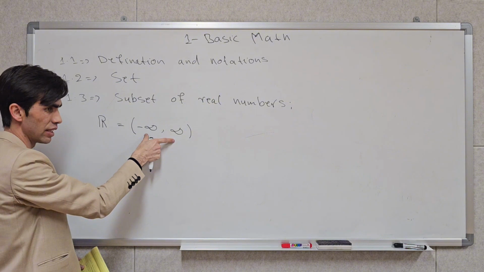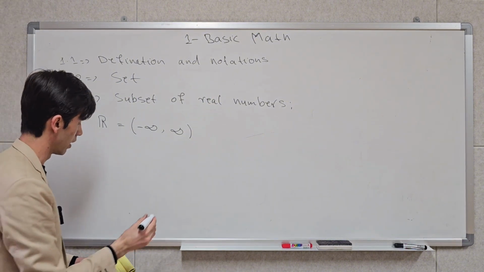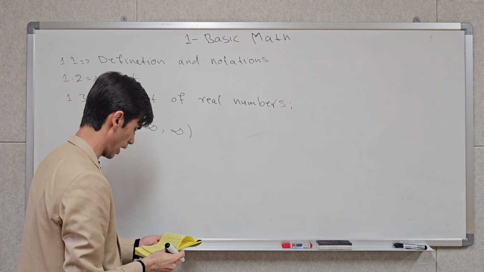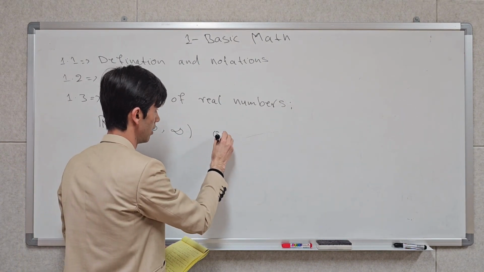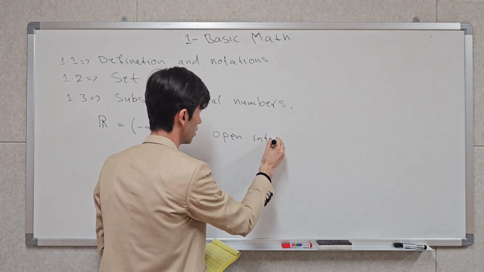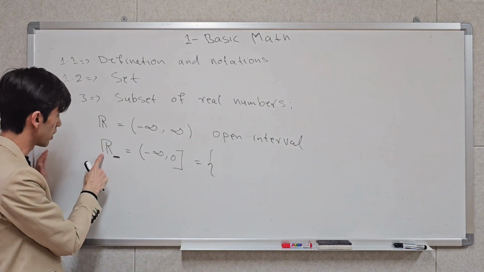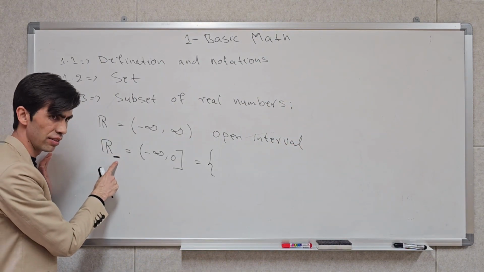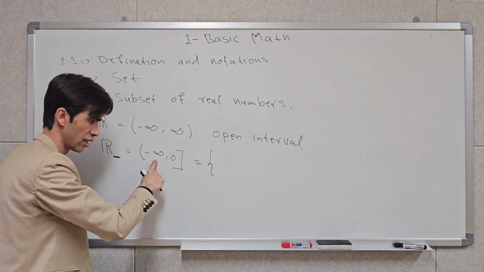All numbers between negative infinity and positive infinity. We call this one an open interval.